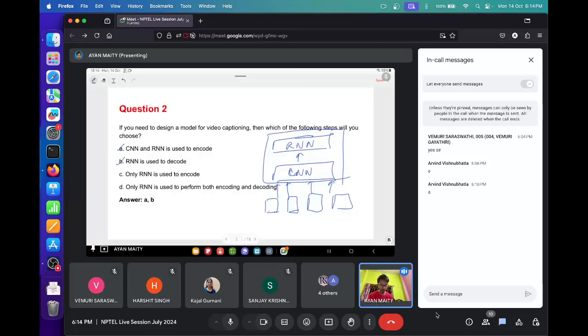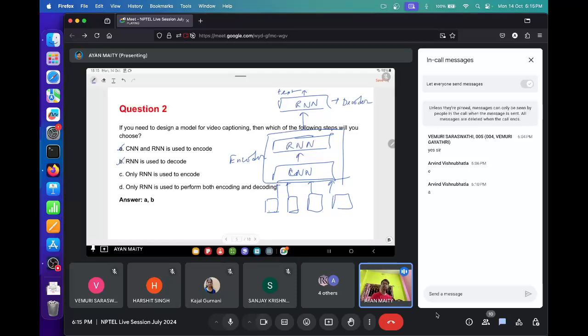So this part is the encoder. Now for the decoder we just need RNN, which will output the caption for the video, which is text. So RNN is sufficient to predict the text captions for the videos. This part is the decoder.